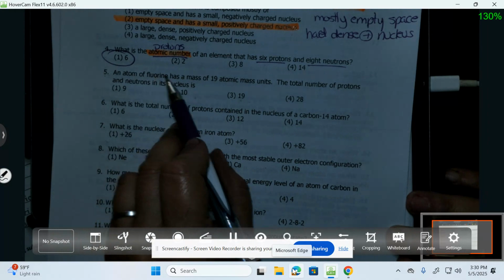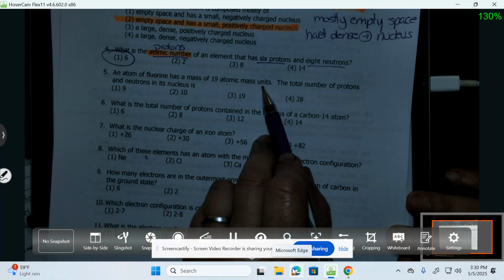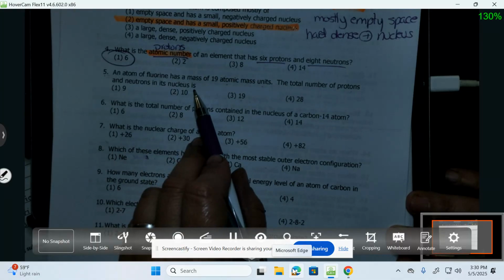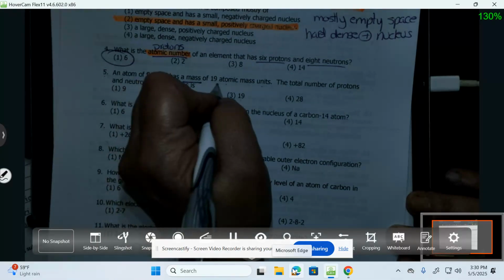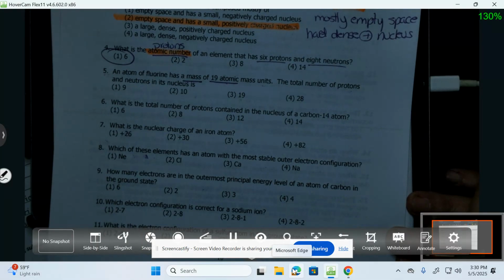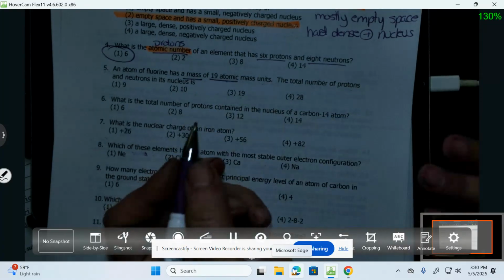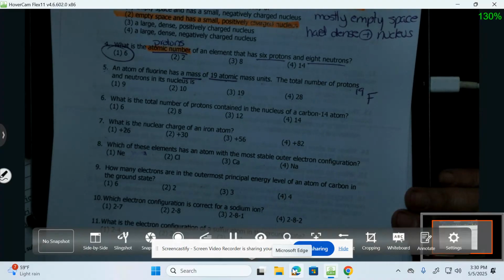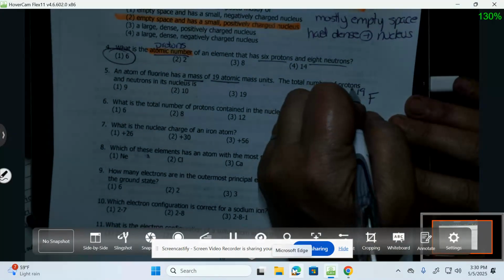An atom of fluorine has a mass of 19 atomic mass units. The total number of protons and neutrons in its nucleus is, so it's telling us the mass, and it's telling us that it weighs 19 AMU. So, fluorine with 19 atomic mass units, how many protons?